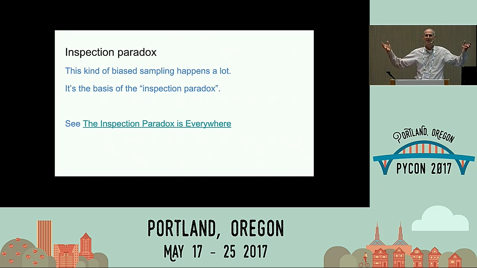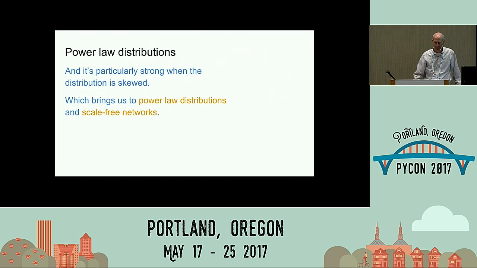Again, families with a lot of children in them are more likely to be represented in my classroom just because they have more lottery tickets. Or you take it to the other extreme, a family that has no children at all will not be represented in the sample. And so immediately, because I've lopped off all the zeros, the average shifts up. So it's another example of the inspection paradox. Again, you can read more about it if you like.